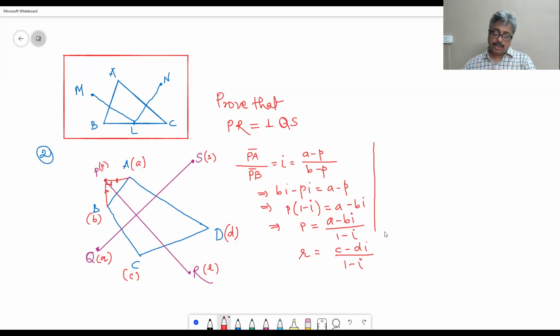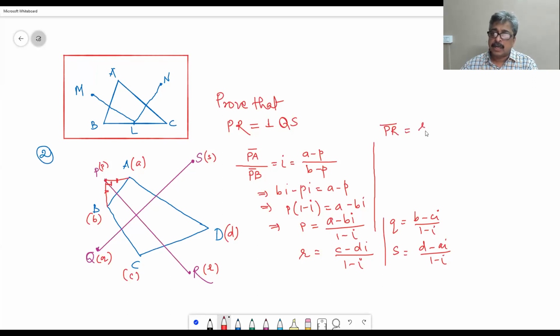Now, what is q? Left is b. (b minus ci) upon (1 minus i). And s is (d minus ai) upon (1 minus i). Okay. So what is vector PR?